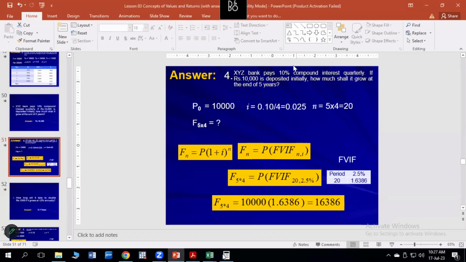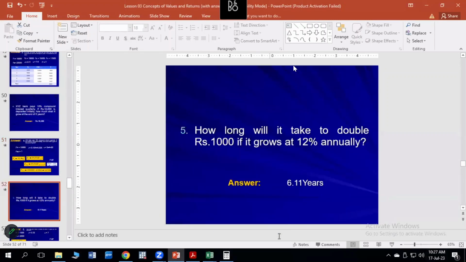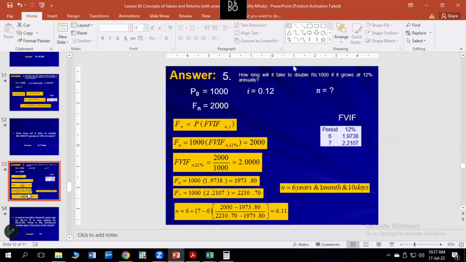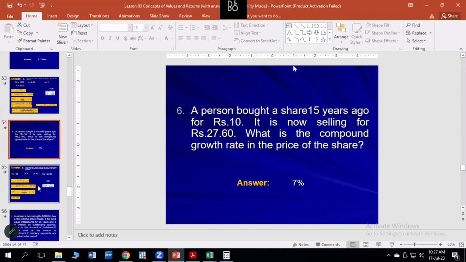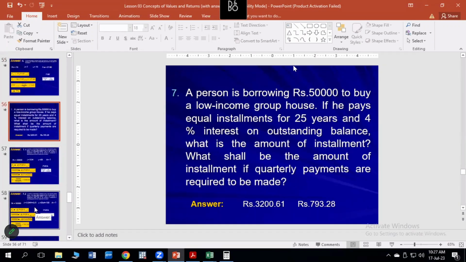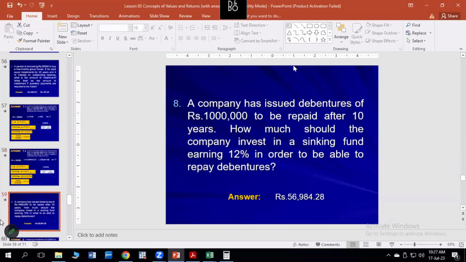So that's all about this. Other problems would also be there, and some procedures are to be applied. All these are applications of the time value concept.